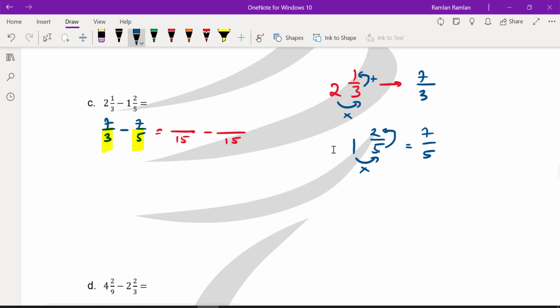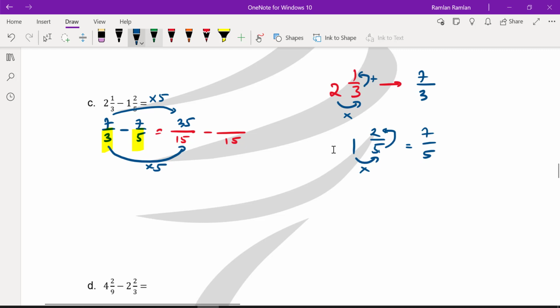Now, from this one here, I'm going to change this guy so that the denominator is 15. You can see that going from 3 to 5, it's just multiply by 5, or 15 divided by 3 is 5. Which means that I'm also going to have to multiply this by 5. 7 times 5 is 35. So this is 35.